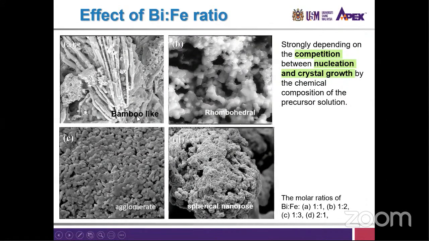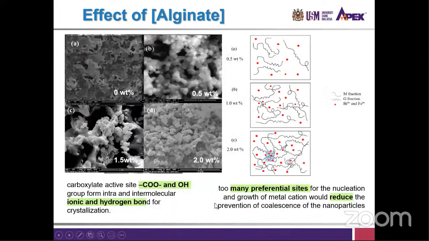It will impact the morphology. First is like a bamboo-like shape, then you can get a rhombohedral with the perfect ratio. If you increase the iron, it starts to agglomerate, and if you increase the bismuth ratio, it starts to convert into spherical nanorods like this. So it depends on that.